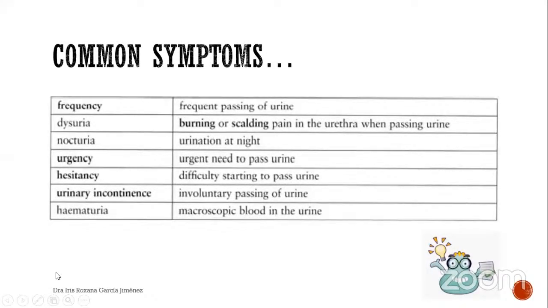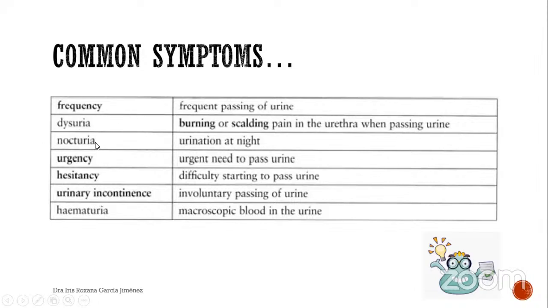The most common symptoms talking about the urinary system, we have this list and the meaning. Frequency, talking about the urinary system, is the frequent passing of urine. Go to the toilet many times, okay? Dysuria, burning or scalding pain in the urethra when passing urine.